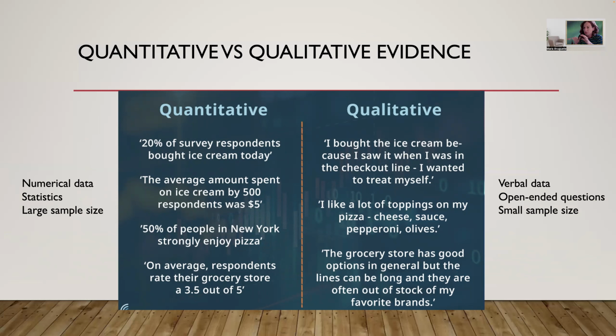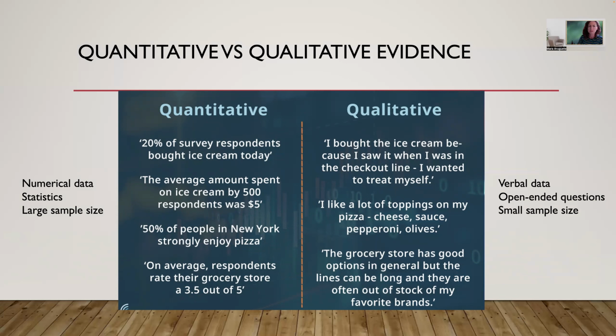It uses typically very large sample sizes, lots of participants, whereas qualitative data will use verbal data, transcripts of what people say, and they'll typically give people open-ended questions and then have them say their opinions or their feelings or their thoughts. They typically have small sample sizes, so you might see, in a qualitative study, 5, 15, 20 people, whereas in a quantitative study, a lot of times you'll see thousands of people.